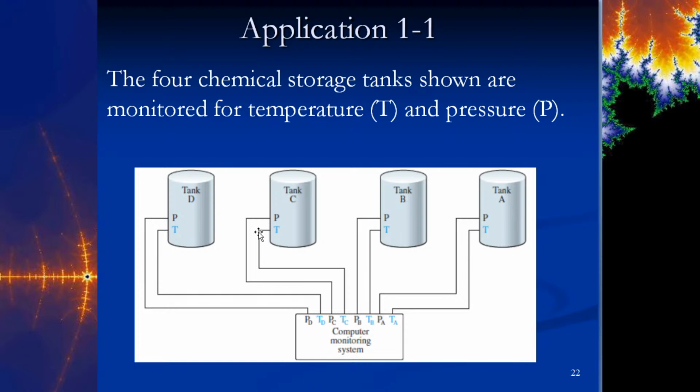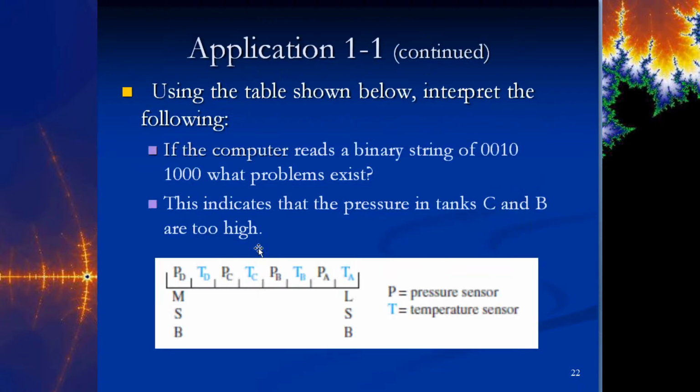And so I would expect if all of these pressure and temperature sensors are not showing any signs of worry, that this should all be 0, 0, 0, 0. So you have a string of bits here, 8 bits, that can be sent to a computer system. You have to be able to interpret what that means. Let's look at the next slide here.